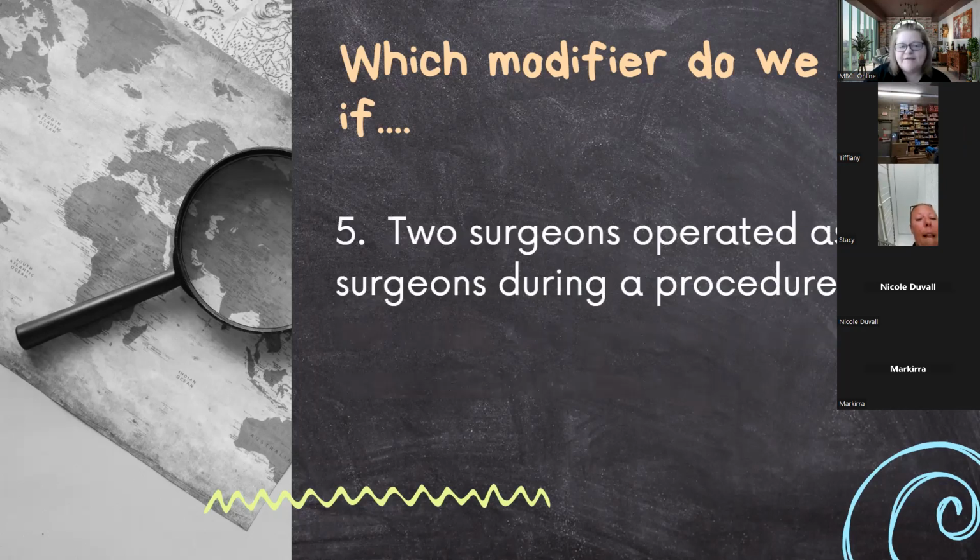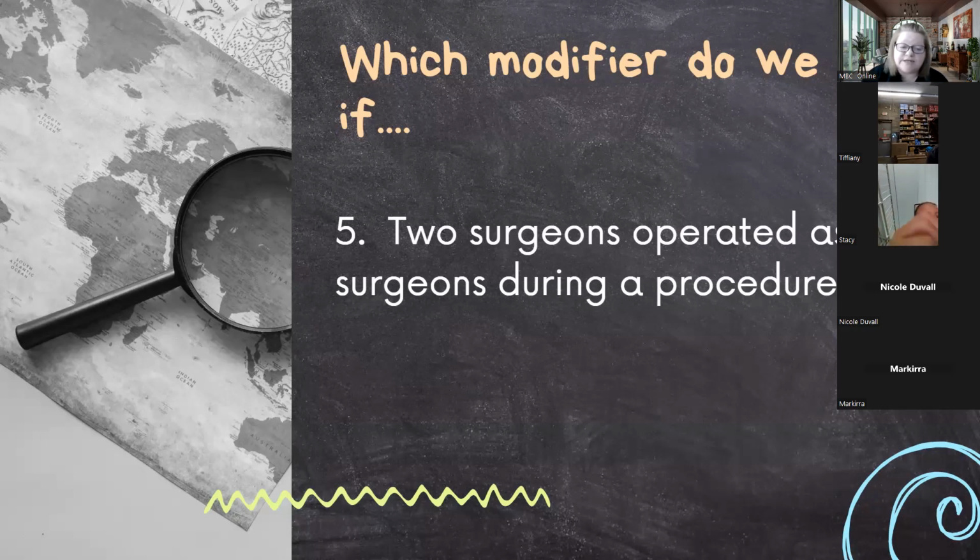All right, number 5. Two surgeons operated as co-surgeons during a procedure. Is it 62? 62. Winner, chicken dinner.